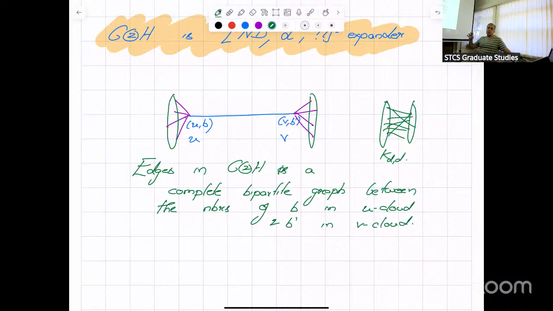So that's why you have the D square. A particular edge in the original graph is going to become D square edges in the new graph.